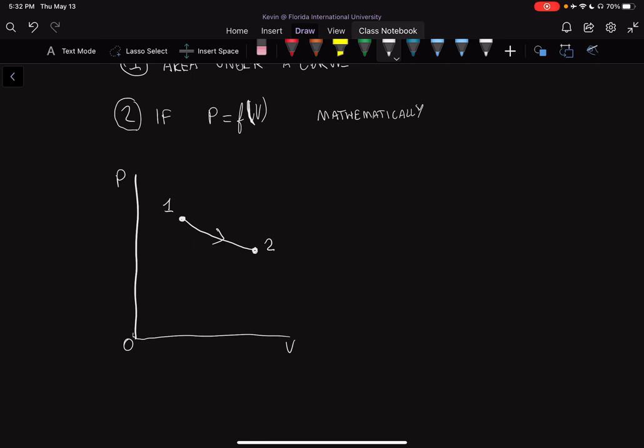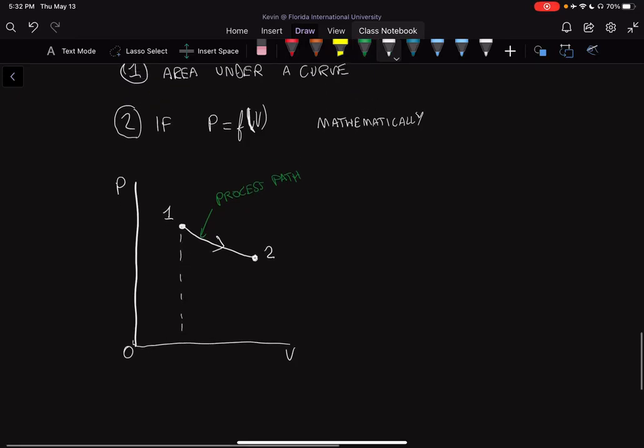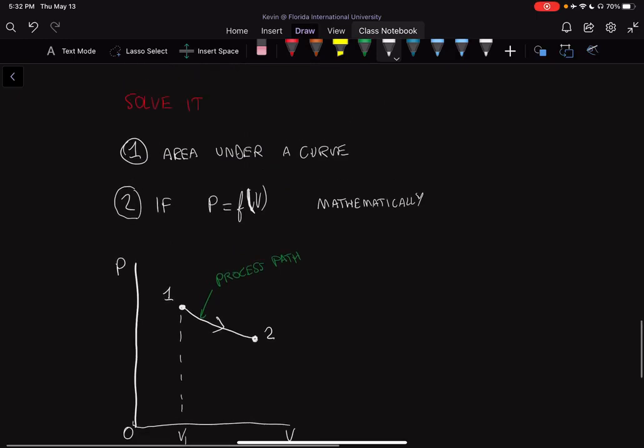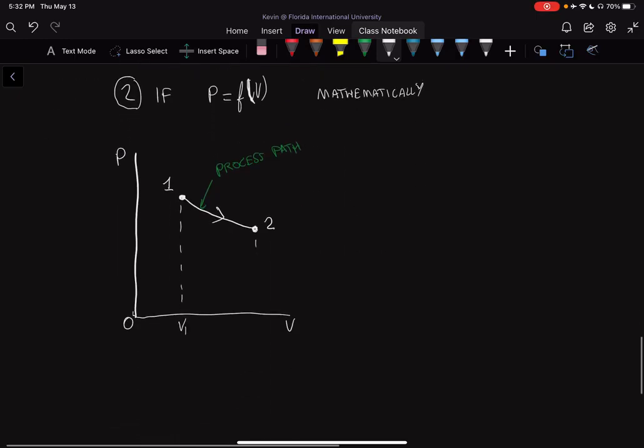Just to write it out because we haven't done this in a little bit, it's called the process path. Okay, it's the process path from 1 to 2. Now, we can also label on the graph that we have V1 here, volume 1, and we have a certain volume 2. So how are we going to solve this problem?